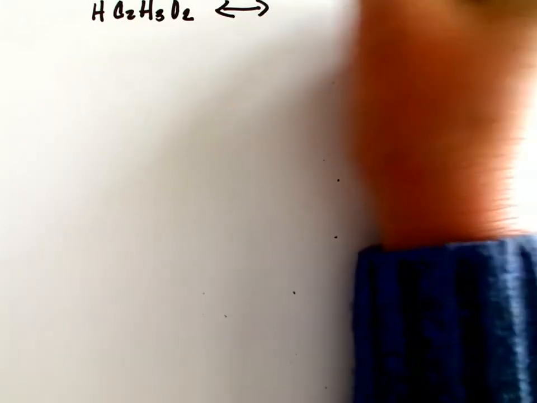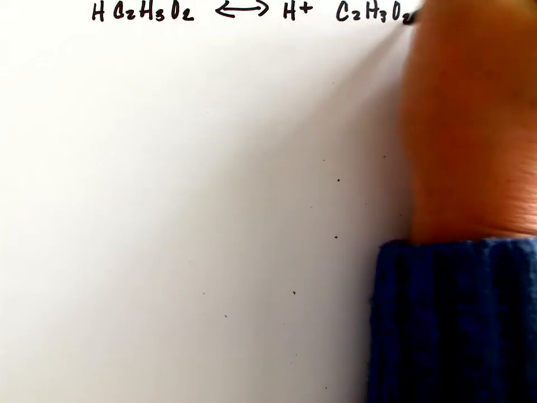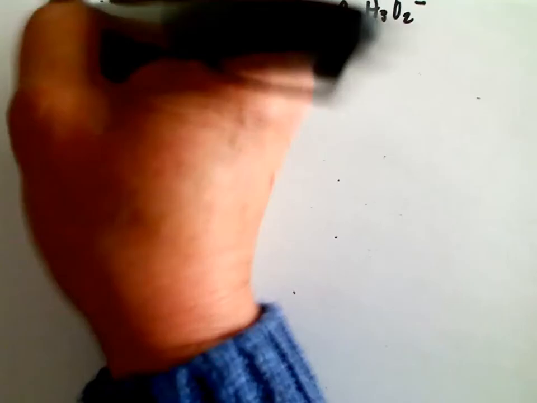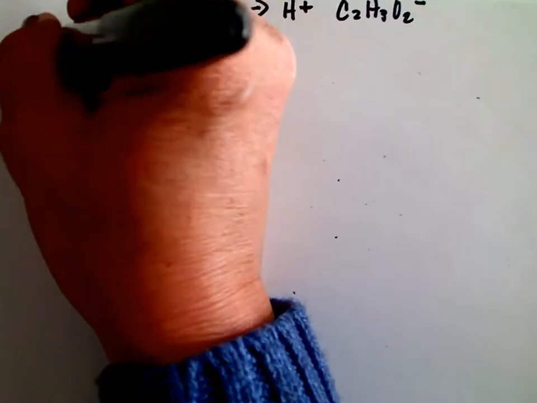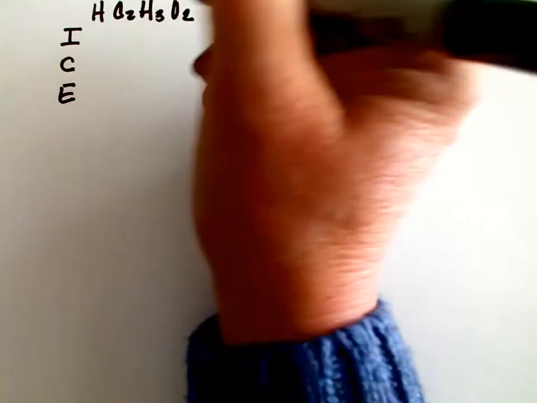So we know that we are starting with acetic acid, which its equilibrium equation is such. And the partial neutralization is going to be of this acid, so we're going to be adding base.